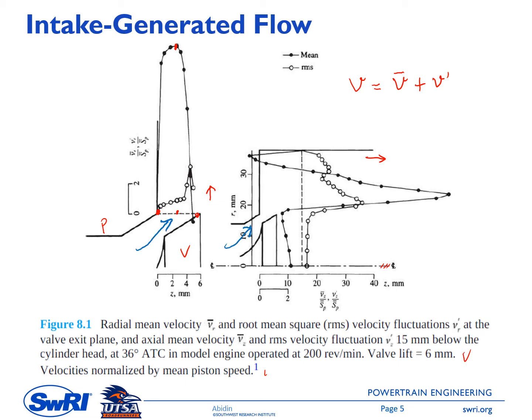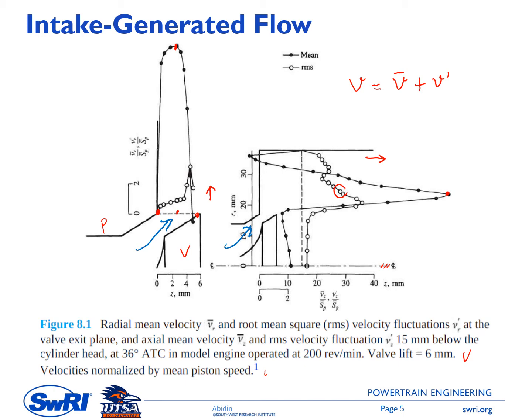The first one here is the axial velocity, and the next one here is the root mean square fluctuating velocity.